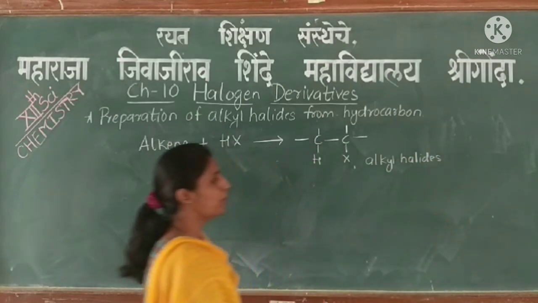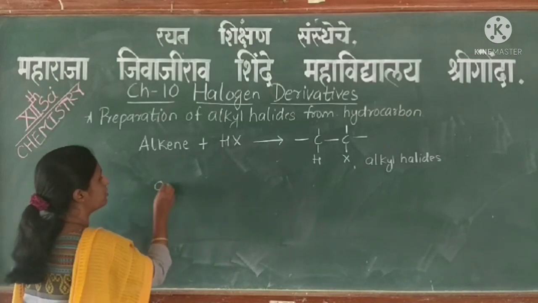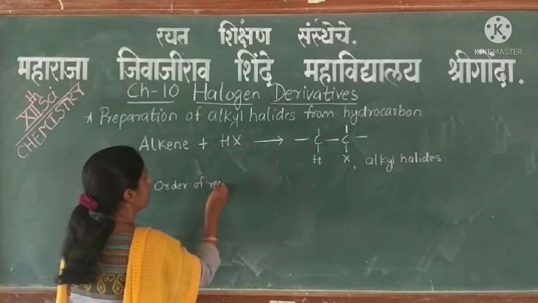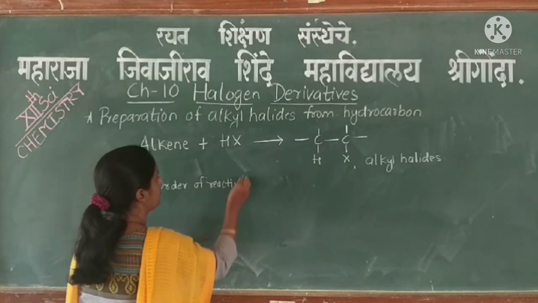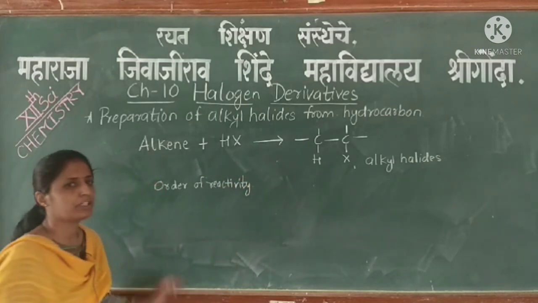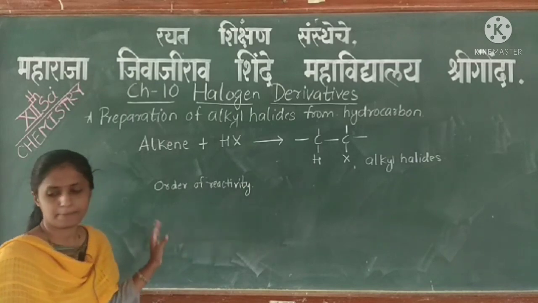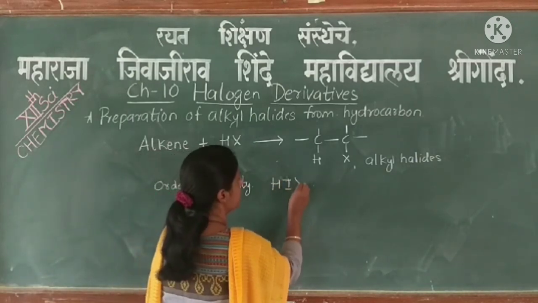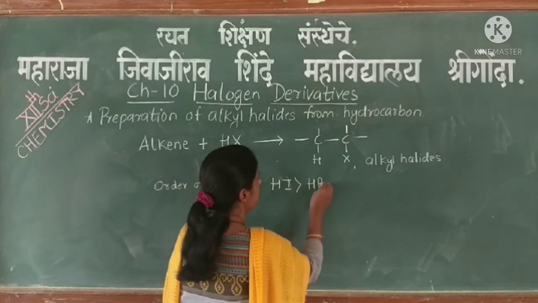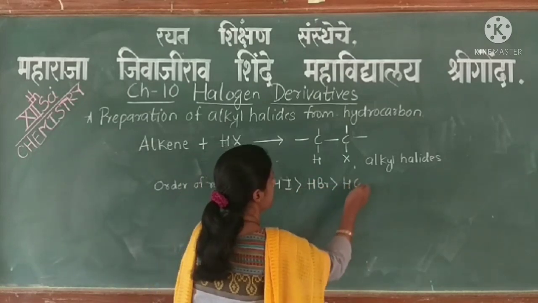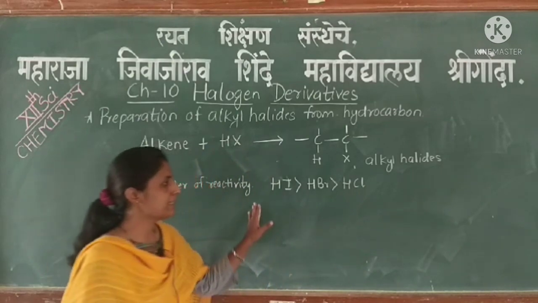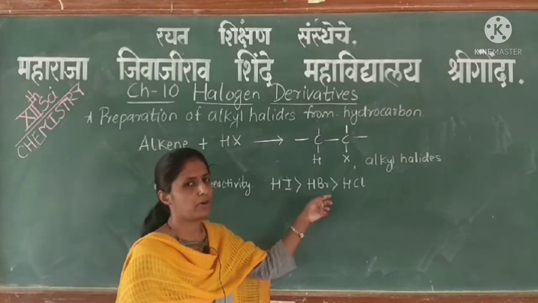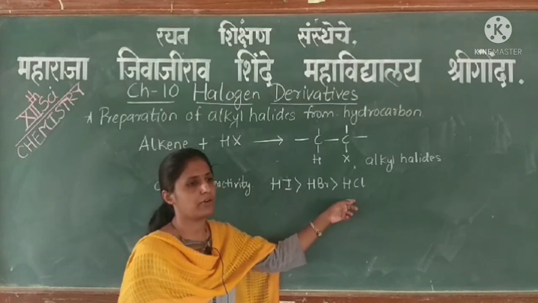And the order of reactivity for the halogen acid can be written as HI will react faster than HBr, and that will react faster than HCl. That is, hydrogen iodide reacts faster than hydrogen bromide, and hydrogen bromide reacts faster than hydrogen chloride.